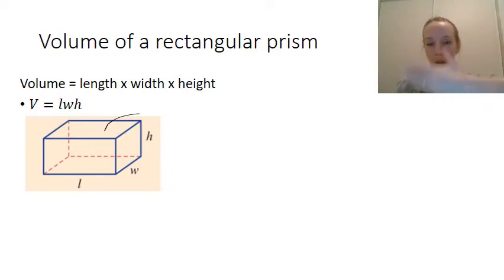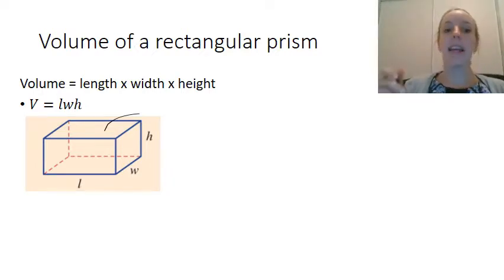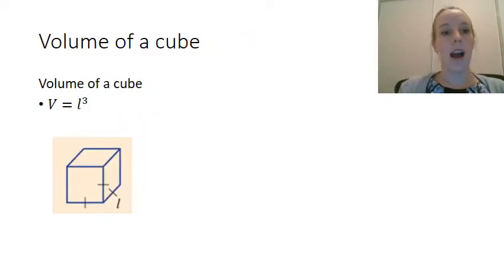It wouldn't matter where I cut, it would still be a rectangle. Or conversely, if I cut this way, it wouldn't matter where, I'd still have squares. So the volume of a rectangular prism is the length times the width times the height. Volume of a cube is just the length cubed, so length times length times length.